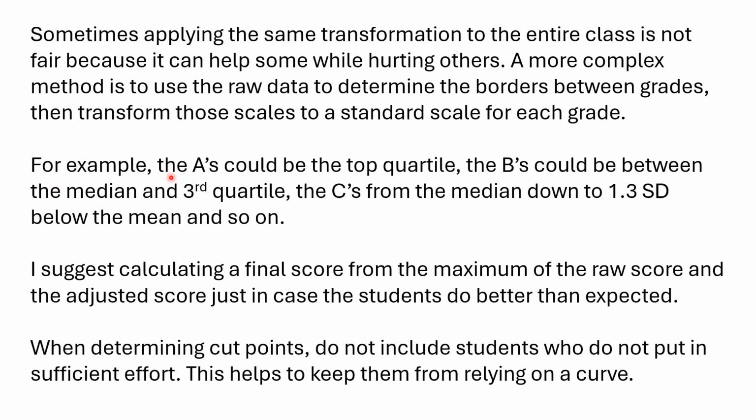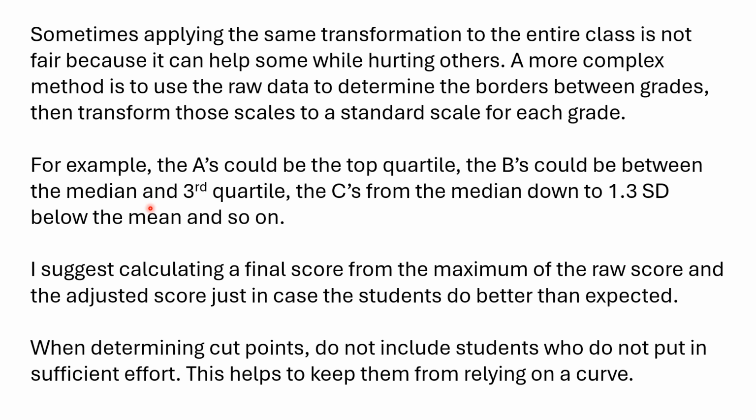So what you could do, for example, is take the A's and set them to be at the top quartile. So you basically tell your students before the class starts, the top quartile of everyone is going to get A's at least. And those who score between, say, the third quartile and the median will get B's.